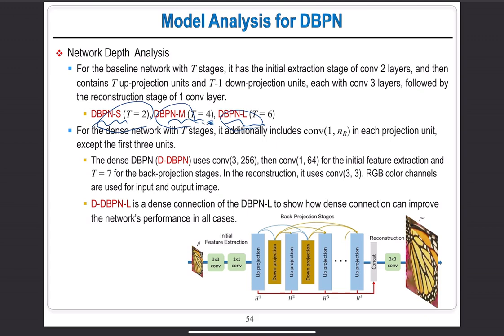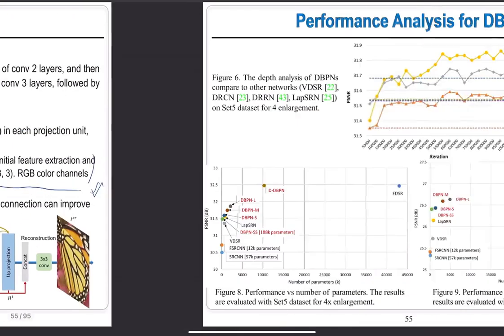A deeper variant called DDBPN, dense DBPN, has dense connections between projection units and utilizes RGB inputs directly instead of grayscale images, as shown here. And this version achieves even better results on standard benchmarks.